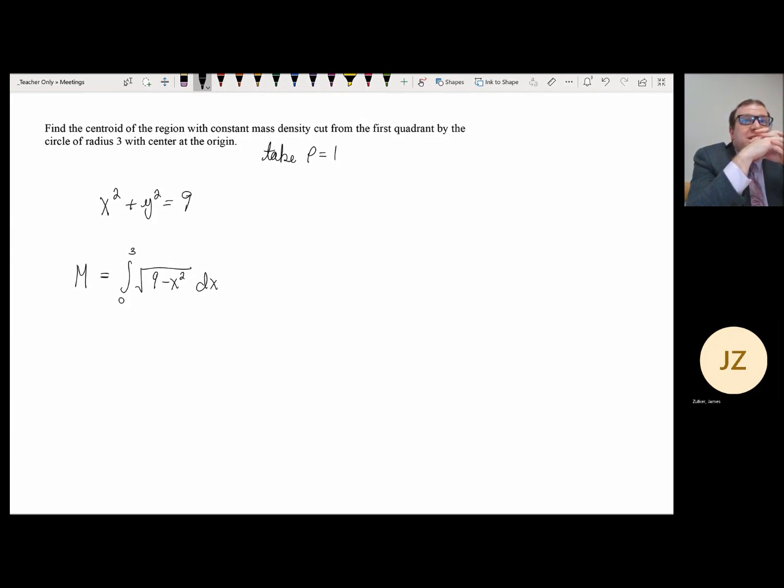Which is trig sub, or you can use geometry. What is the area of a circle? So there'd be 9 pi, right? But we only have a quarter of the circle, don't we? So its area would be 9 pi over 4. That's what this integral is.